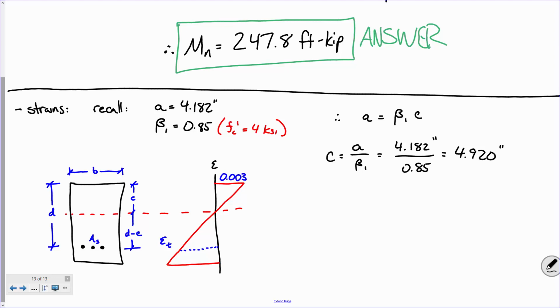Would you agree that the ratio of this to this is the same as this to that? It's straight lines, just slope ratios. So 0.003 is to c as epsilon sub t is to d minus c. You okay with that?